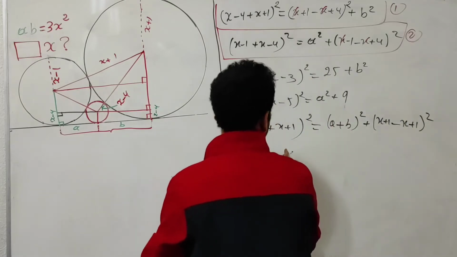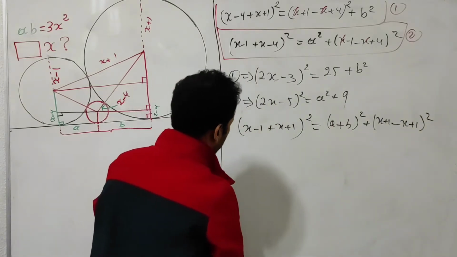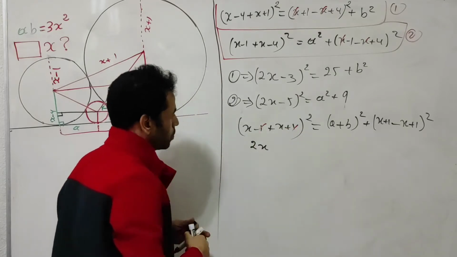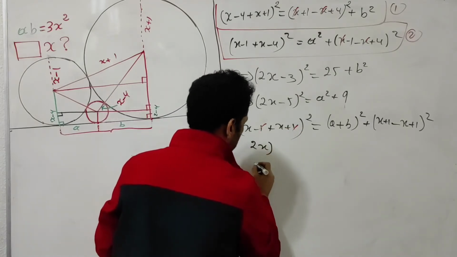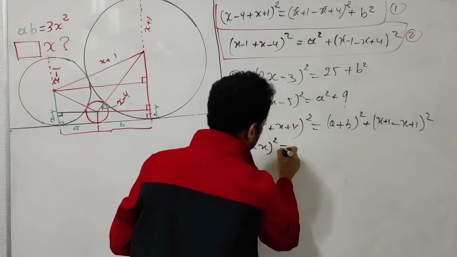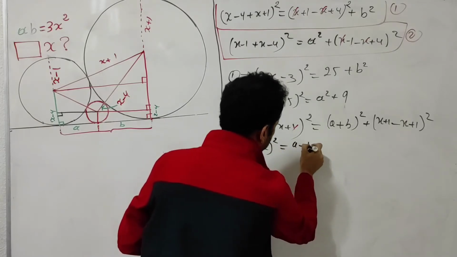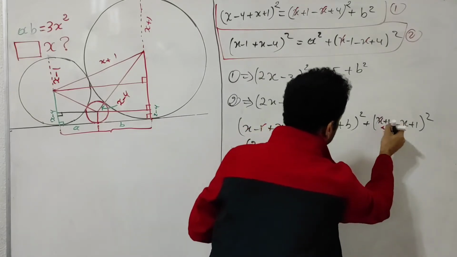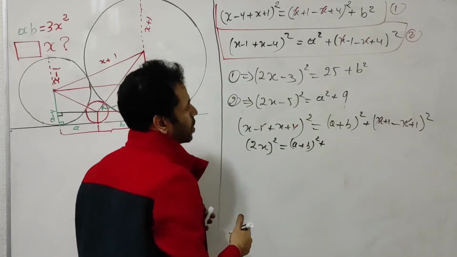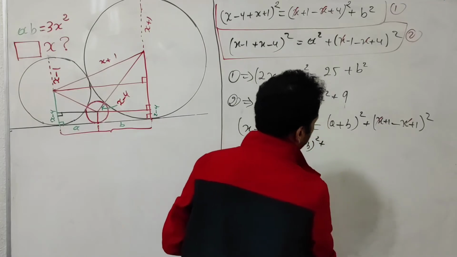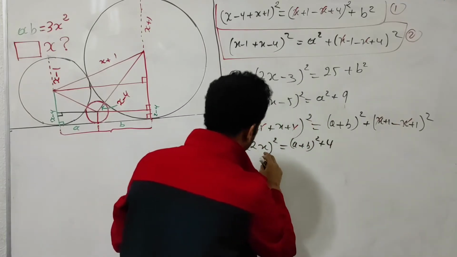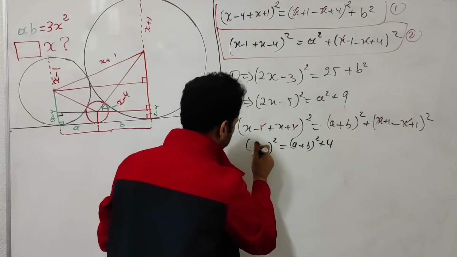I'm going to simplify this equation, so I will get 2x; the 1 will be cancelled out. I will get 2x squared and a plus b squared. The x will be cancelled out because one is positive, the other one is negative. 1 plus 1 is 2, 2 squared is 4. So this one becomes 4x squared.